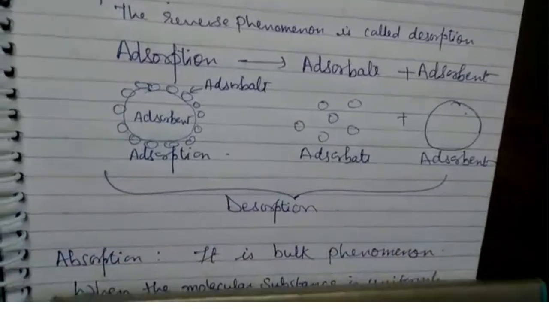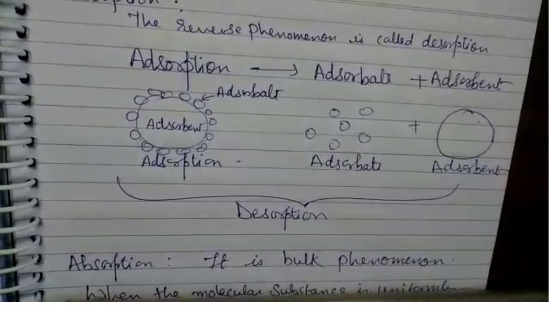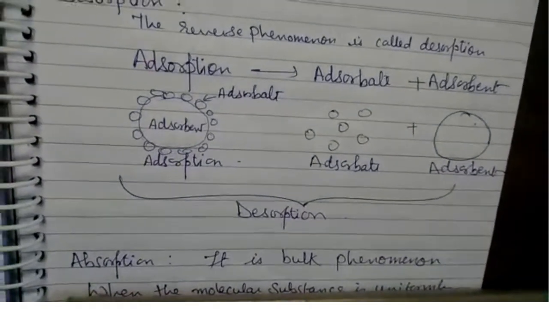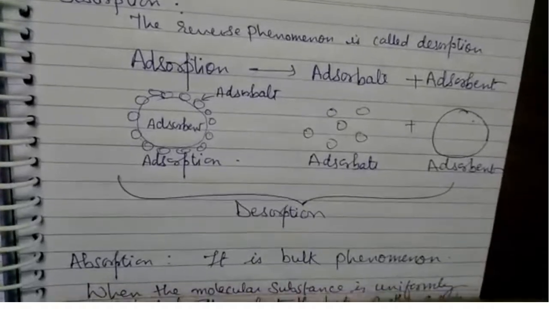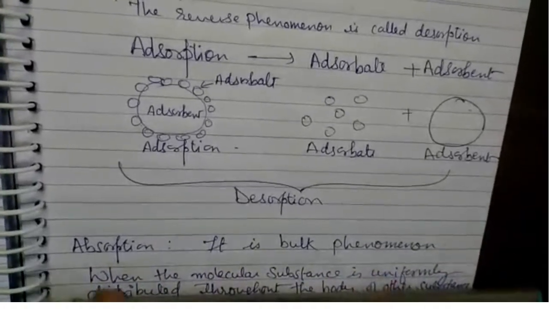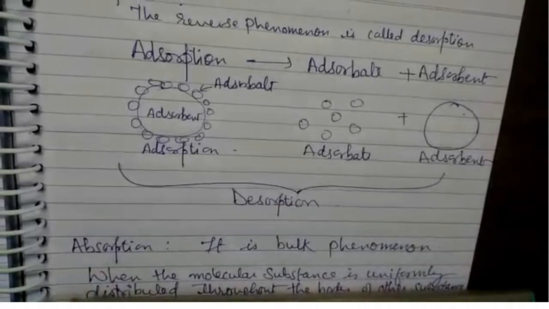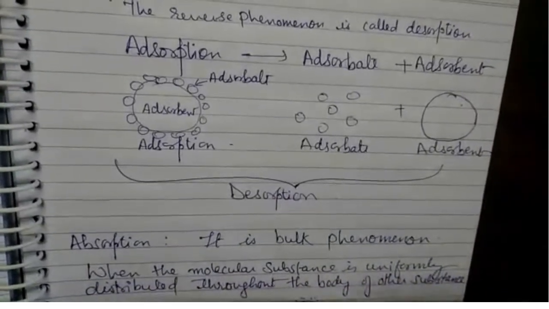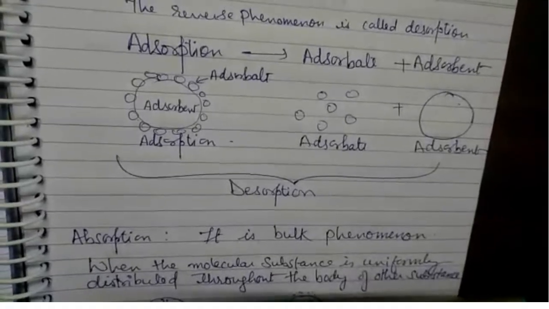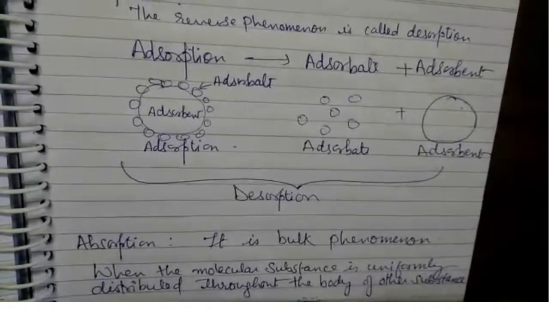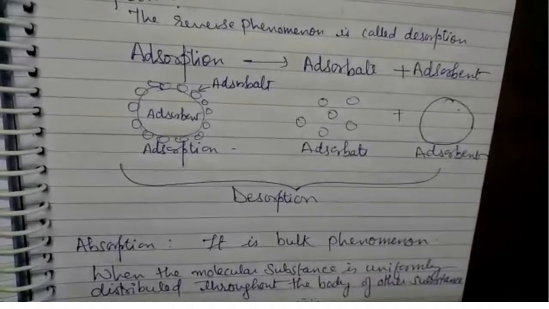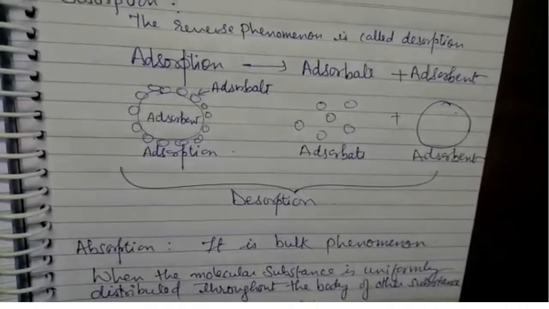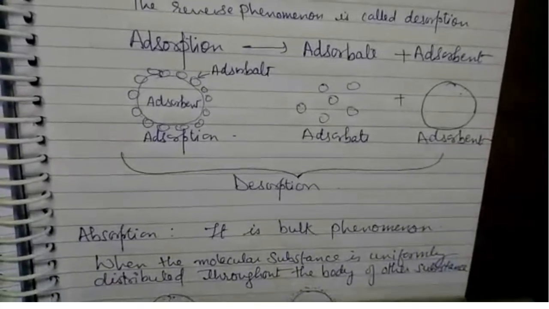Then there is another term known as absorption, which we know is a bulk phenomenon, whereas adsorption is a surface phenomenon. Absorption means the molecular substance is uniformly distributed throughout the body of the substance. If the liquid or the gases are uniformly distributed, and the concentration is more in the bulk than on the surface, it is known as absorption.